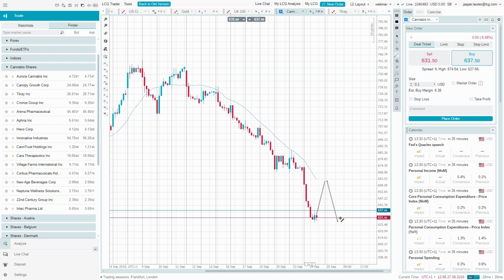Maybe it tried to head lower again, wasn't able to, or maybe it did, and there was a little false breakout. And then we got something like this, where we had an area that had been important resistance suddenly becomes an area that you look for as support.